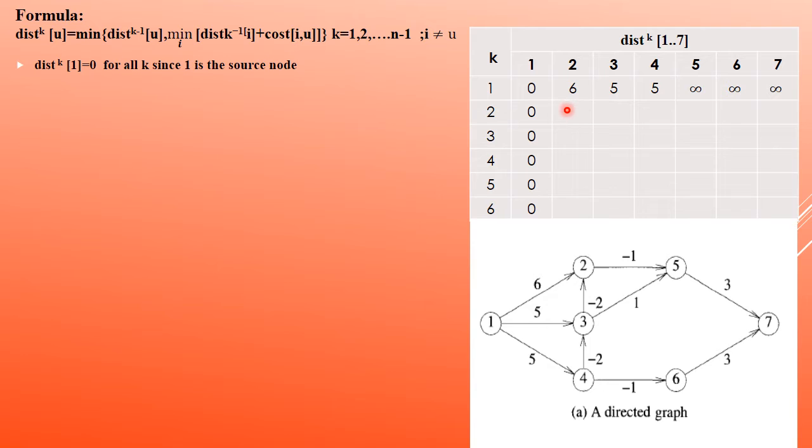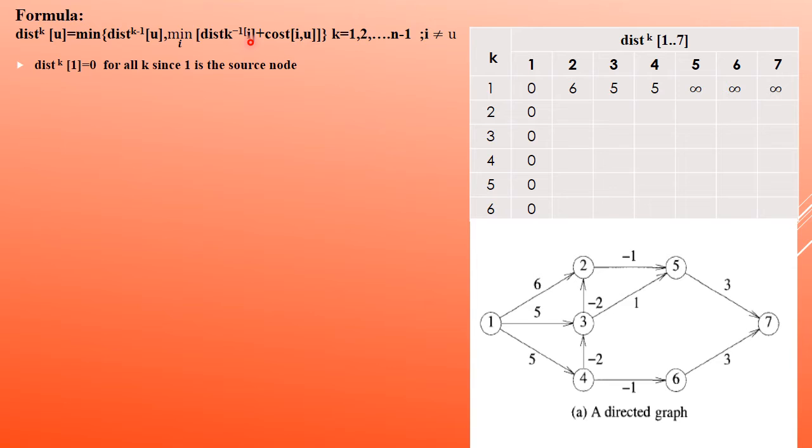Now let's understand the formula before finding distance 2 of u. The u values are nothing but the vertices. This portion always specifies the previous distance, and this is the new distance you are going to find. Later, compare the old distance with the new distance and give the minimum value among those to the node u as its distance. The new distance will be the cumulative distance from the starting node to the particular node u.